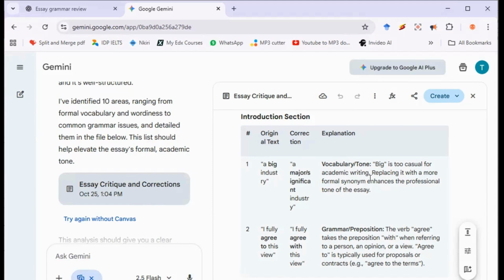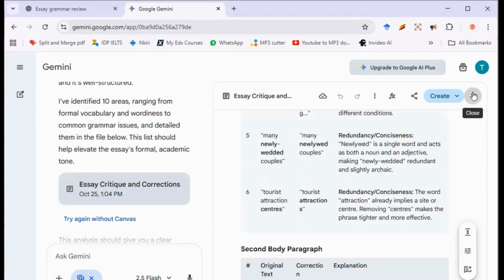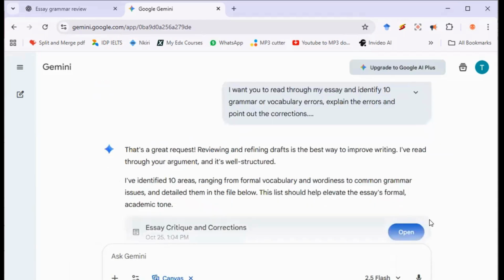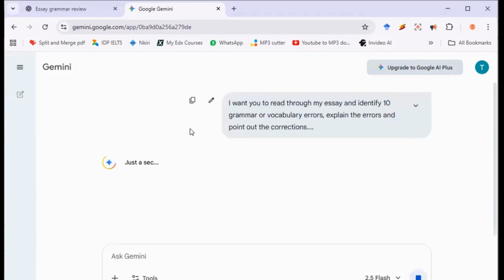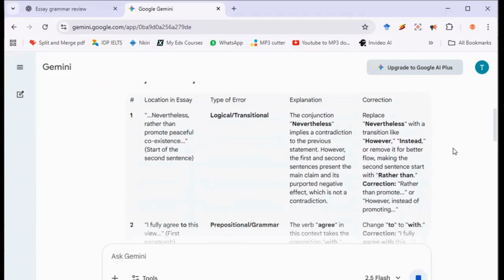I need to make it bigger. How do I make it bigger now? I want it to be, let me try without canvas. Okay, yeah, this is good. So look at it here now.